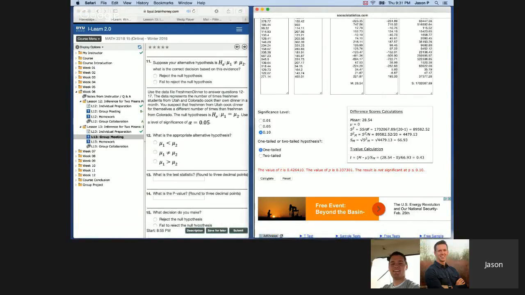Oh, you gotta hit it one more time. Oh, it's still one-tailed. There you go. P-value is now 0.674. So it's even bigger. Yes. But it's still not close to a value less than the level of significance, so we still fail to reject. Yeah.